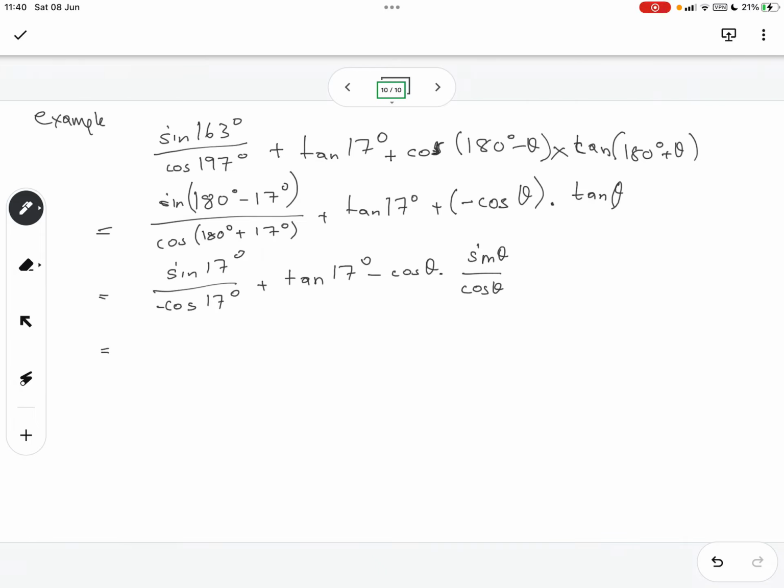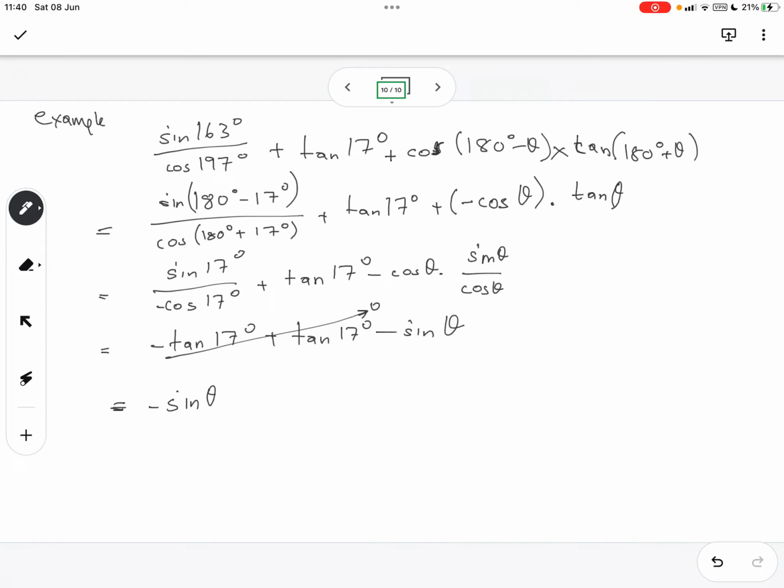We subtract the cos of theta and we multiply by sine theta over cos theta because tan is a quotient identity. Now this is also a quotient identity. Sine 17 divided by negative cos 17 is negative tan 17 degrees, plus tan 17 degrees, minus sine theta. These are additive inverses.